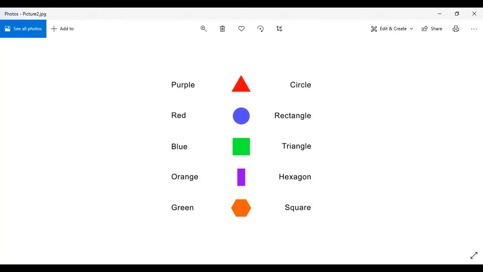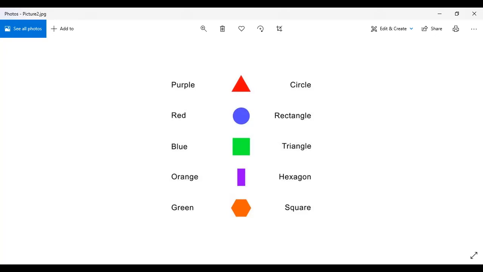Okay. Then what is the next picture? It's a rectangle. Excellent, Elise. Where is rectangle written? On the second number. And what is the color of rectangle? Yes, who is going to tell us what is the color of rectangle? It's purple. And where is purple written? On the top.